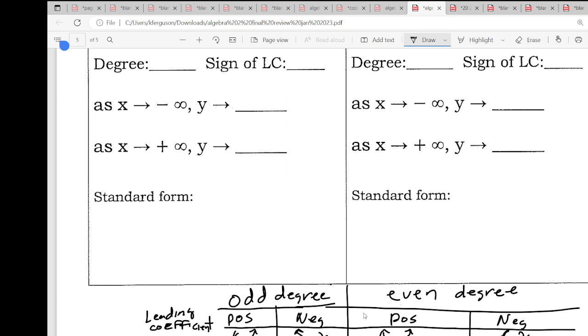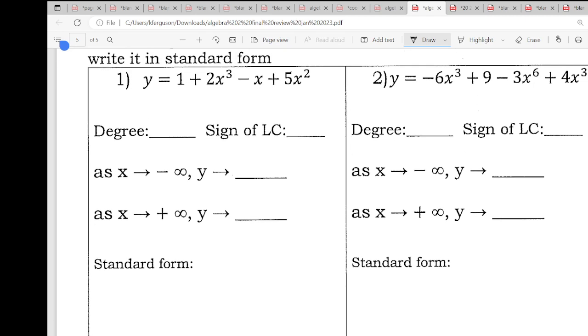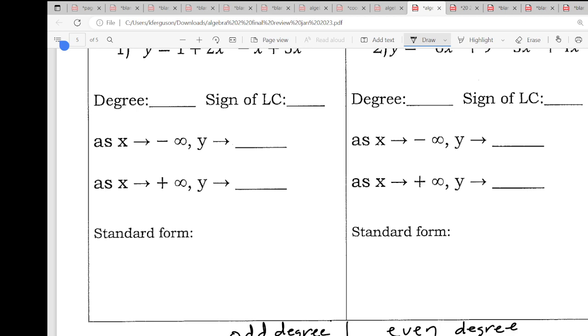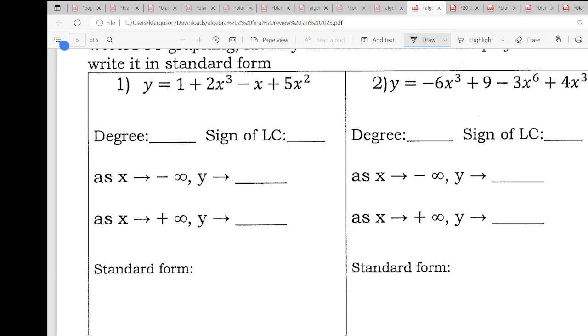I apologize for how compact this is. Does everybody understand what I just wrote down here? Yep. Depending on the degree of the polynomial and whether the leading coefficient is positive or negative. So I'm going to use that in this. I got a couple things. So we'll figure that out. But right now, I just want to get through this.